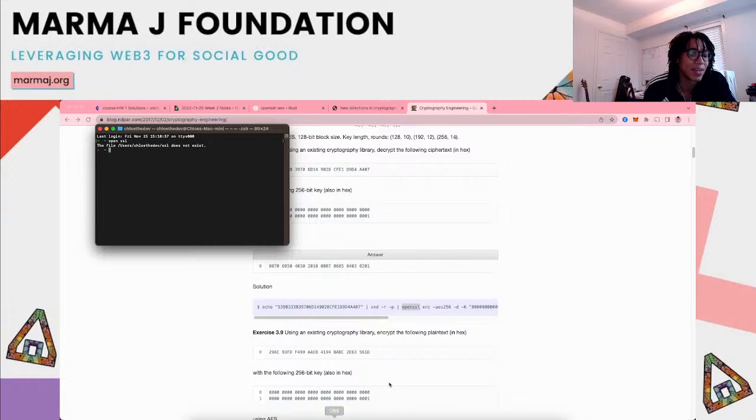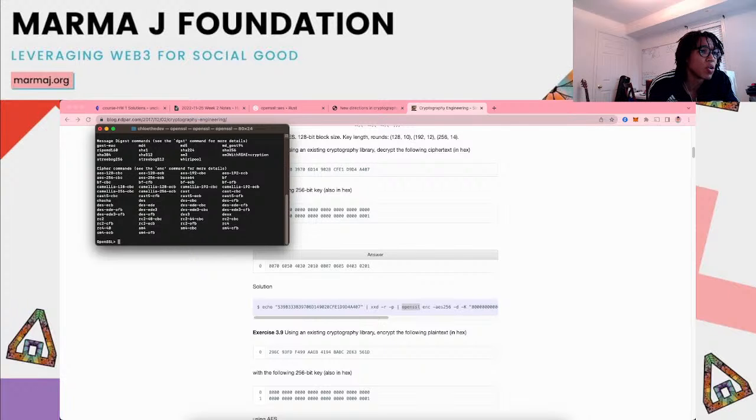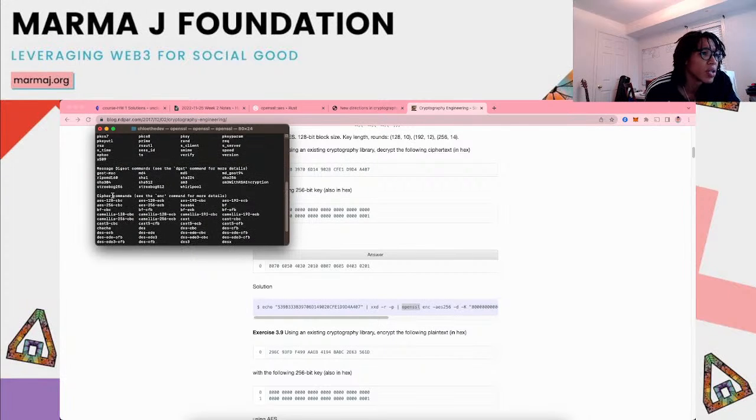Oh, no, oops. OpenSSL. Okay, so I do have OpenSSL just sitting here. What if I... Nope. What is here? Cipher commands.